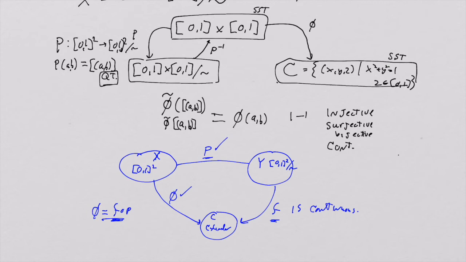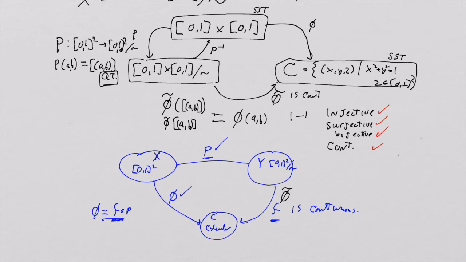So that's important because now if I go back to this picture here, I now know that this map here, actually, so this is phi bar, right? Phi tilde. Phi tilde is continuous. So now I can say it's injective, surjective, which means it's bijective, and it's continuous, right?